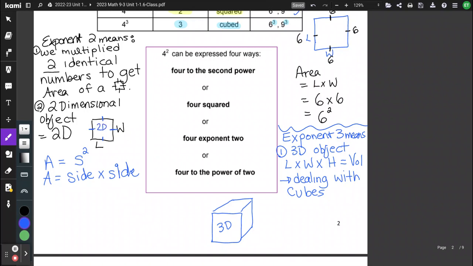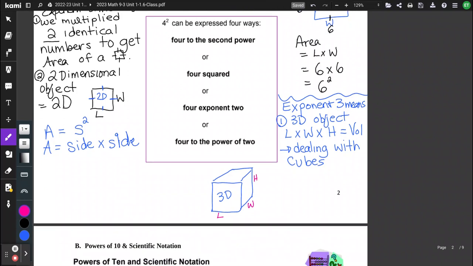Okay, so now I've got my length, my width, and my height. And my length, width, and height are all the same number with cubes. So length, width, and height are all identical numbers.